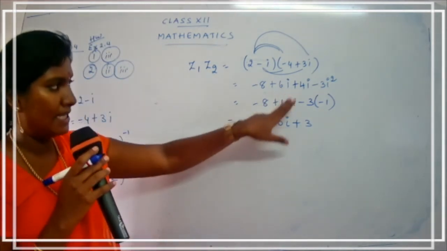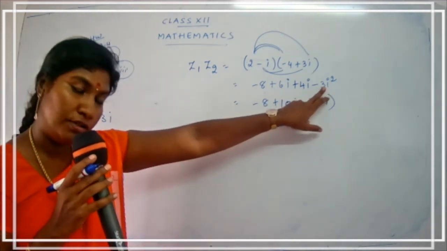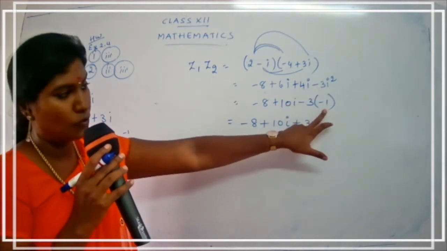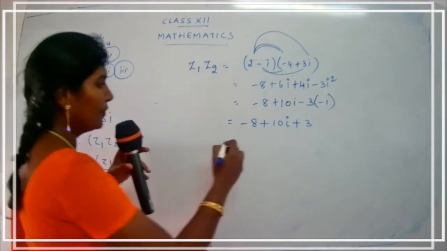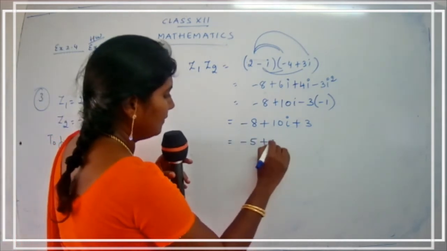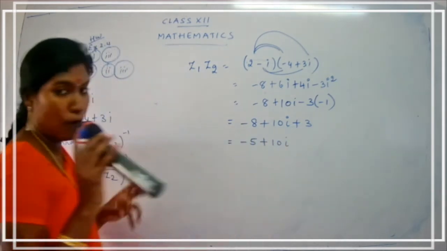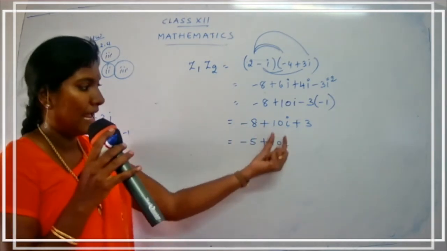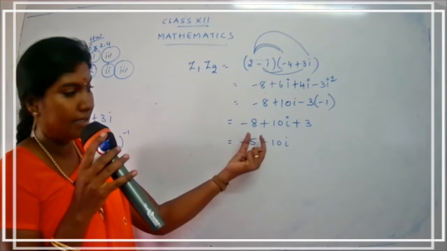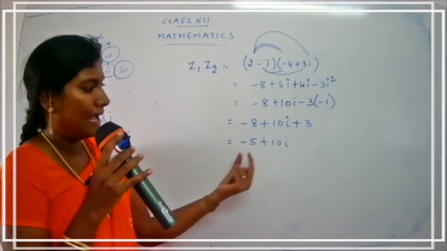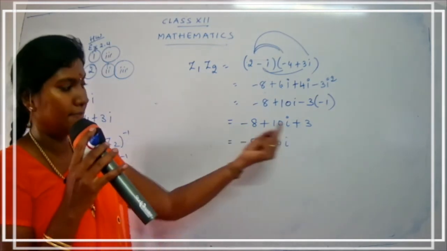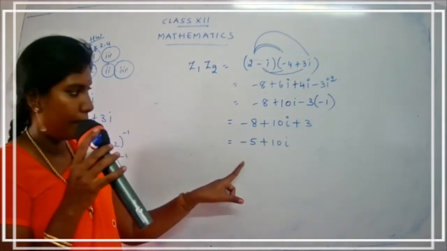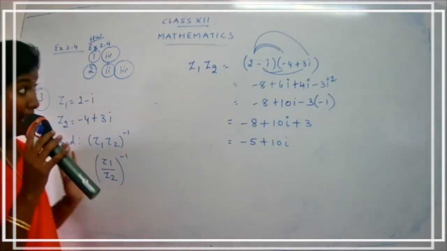We know the value of i square, it's minus 1. Minus 3 into minus 1, it's plus 3. So you get here minus 5 plus 10i. I hope you're clear, children. I'm just bringing the real part and the imaginary part. So real part is minus 8 plus 3, I get minus 5, and it's plus 10i.